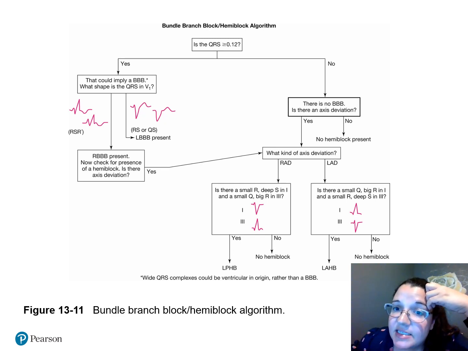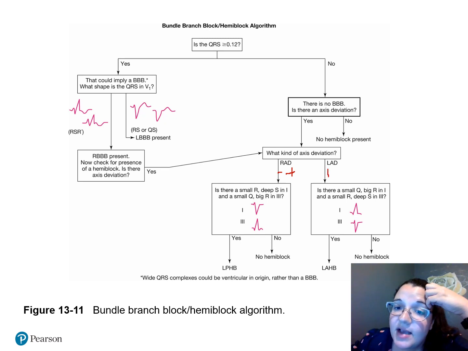Next thing you're going to ask, is there an axis deviation? What leads do I look at for axis deviation? Remember, lead 1 and AVF. If there is no axis deviation, then there is no hemi block. If there is an axis deviation, meaning my RAD was negative in lead 1, then positive in AVF.